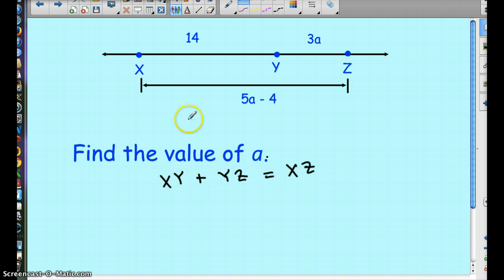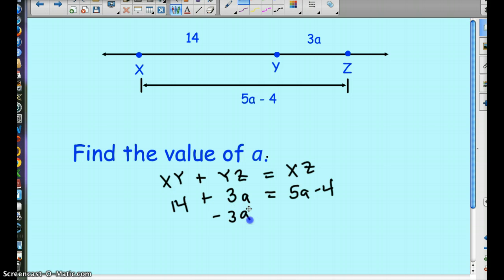So now we can plug in here, 14 is XY, 3A is YZ, and then XZ is 5A minus 4. So now we have an equation in which we can solve for A, because that's our goal here, we want to solve for A.